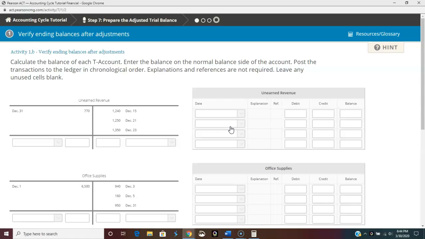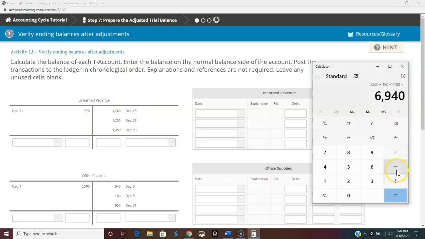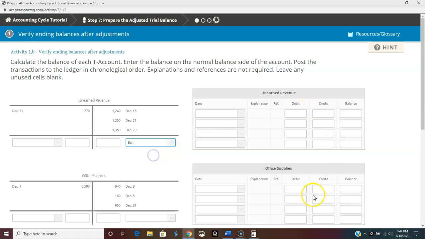Calculate the balance in each T account. Enter the balance on the normal balance side of the account. Post the transactions to the ledger in chronological order and leave any unused cells blank. These are probably the same numbers, but they won't let us go back. Unearned revenue is on the credit side, the balance.